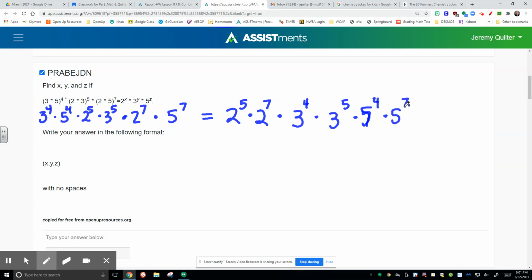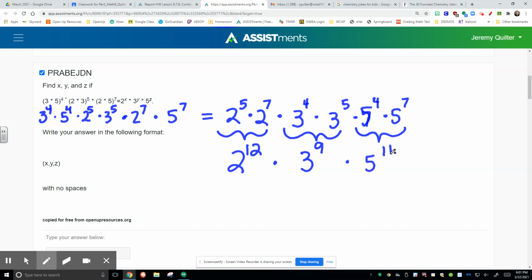And then it's just a matter of using product of powers to combine the exponents of the bases that are alike. And so we have 2 to the 5th and the 7th, which makes a total of 2 to the 12th. Then we have a total of 3 to the 9th, 4 plus 5. And then the final one is 5 to the 11th power.